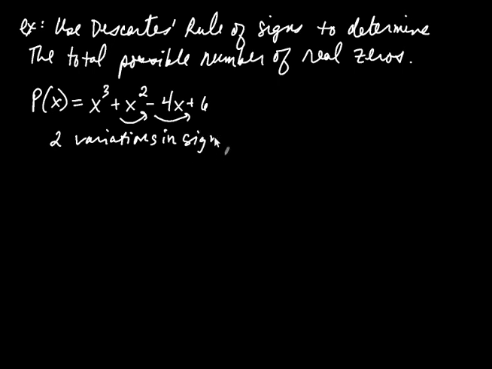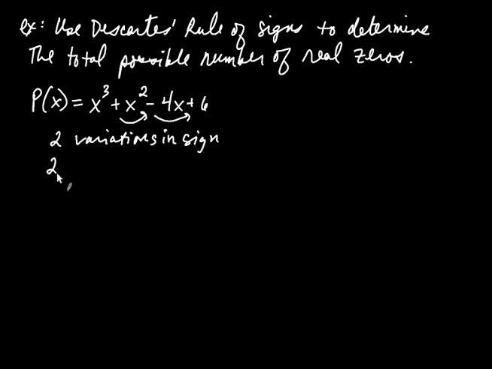Now Descartes' rule of signs says that the number of positive real zeros, that is, when you look for real zeros, how many can you find, is either 2 or less than that by an even number. If you subtract an even number from 2, the only possibility is 2 or 0.